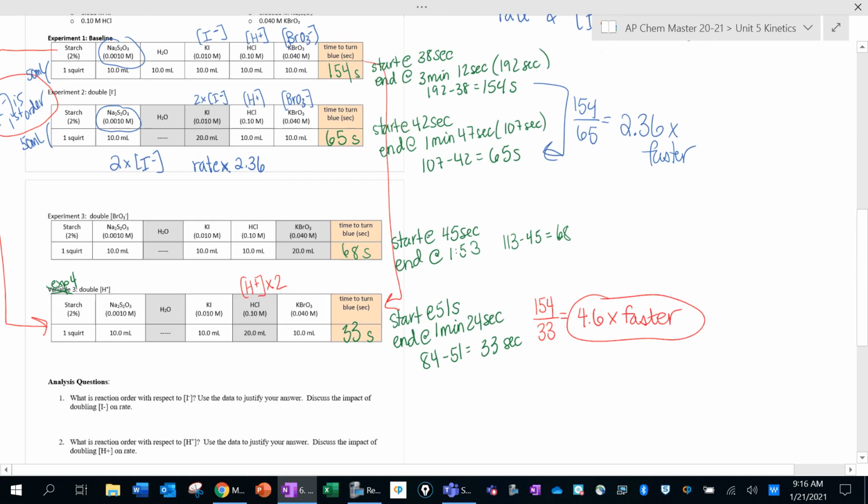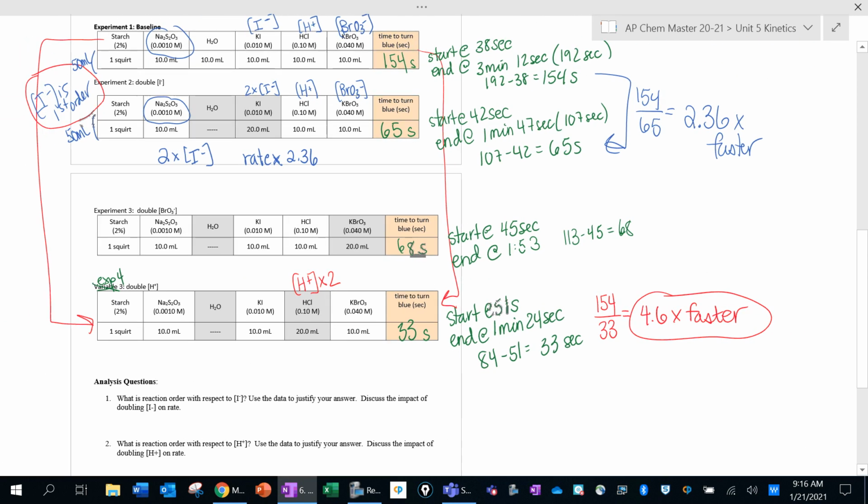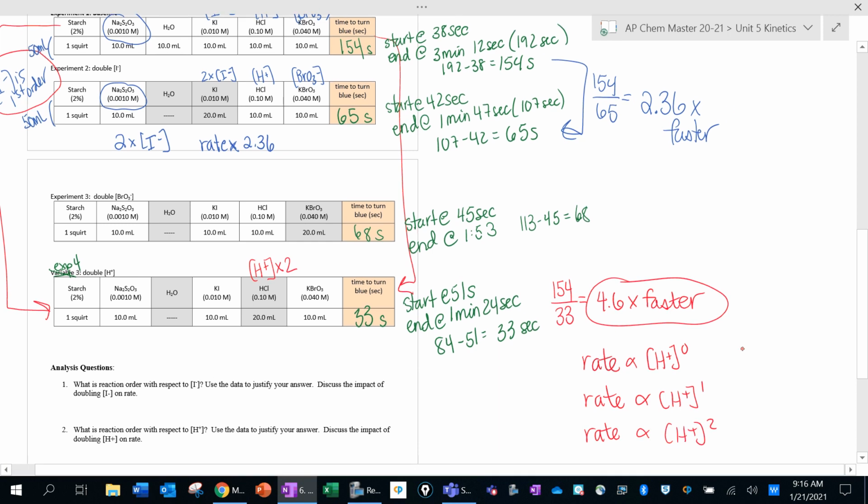And again, we want to think about our different possibilities for reaction order. So the reaction order could be 0th order. If it were 0th order, then no matter how we change our concentration, the rate would not change. Okay. First order would mean that if we doubled the concentration, the rate would also double. And then this would be second order. So again, let's try plugging in numbers here.